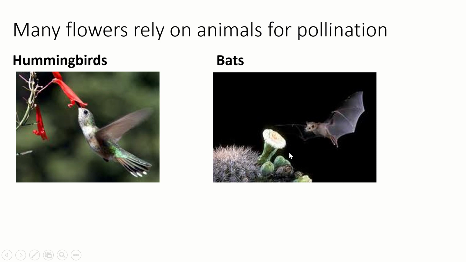Bats are really important pollinators, and in fact are probably worth many, many millions of dollars in pollination for crops. Plants that are pollinated by bats often have flowers that open at night and are either white or yellow, so that bats can more easily see the flowers at night.